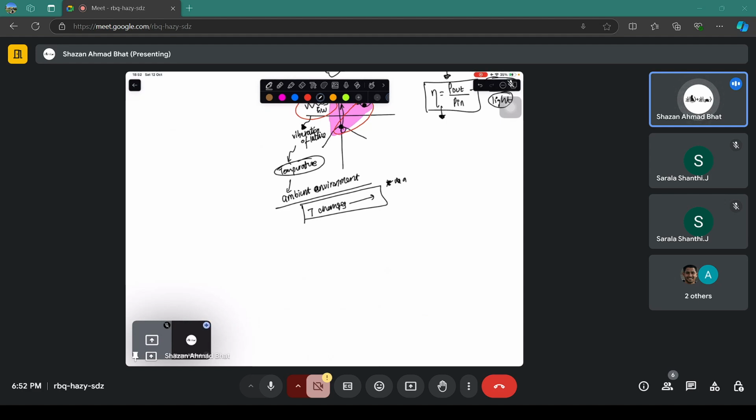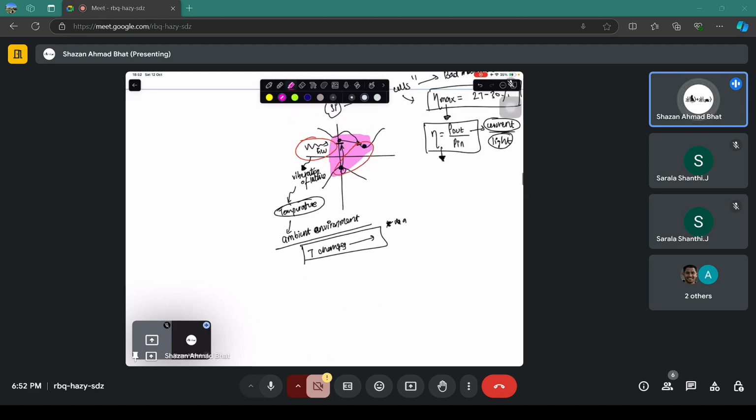That's why you mostly see that these solar cells degrade at very high temperature, or at very low temperature, because this particular thing is mediated by the phonons, and phonons are the lattice vibrations, and the lattice vibrations depend upon temperature. If you reduce the temperature to, let's say, 0 Kelvin, you will see very few lattice vibrations.